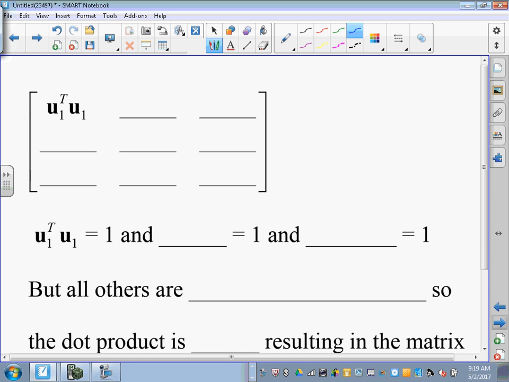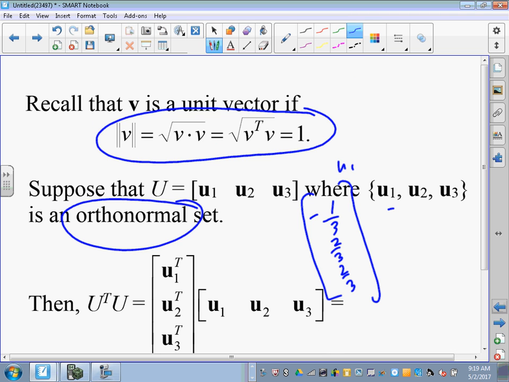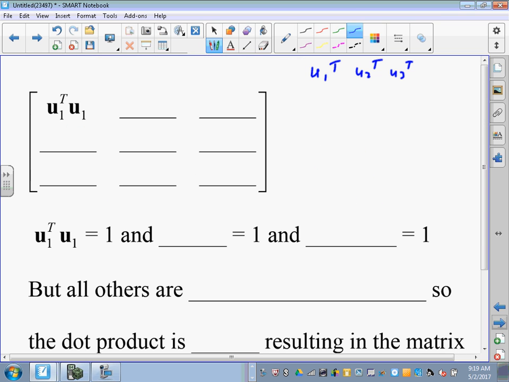So I have U1 transpose, and I have U2 transpose, and I have U3 transpose. Make sure I'm writing this correctly.